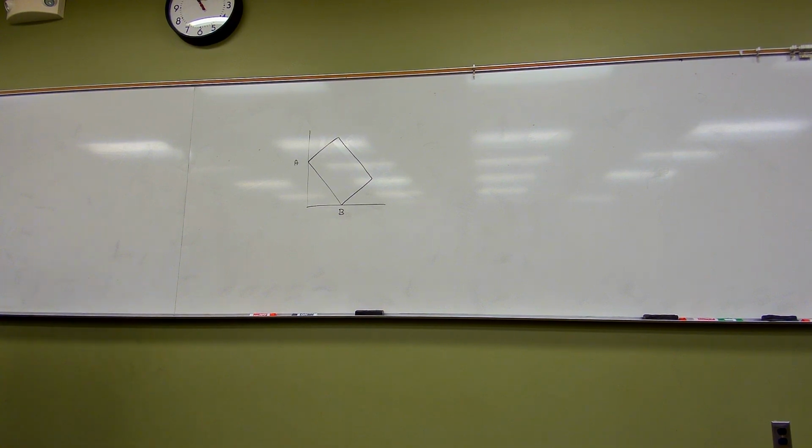Now, having said that, a uniform crate of mass M, so we know the crate weighs something. The uniform crate of mass M is leaning against a smooth, there's the buzzword, smooth vertical wall and supported on a rough horizontal surface.